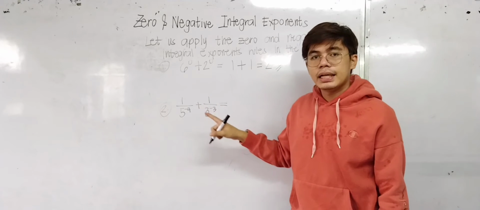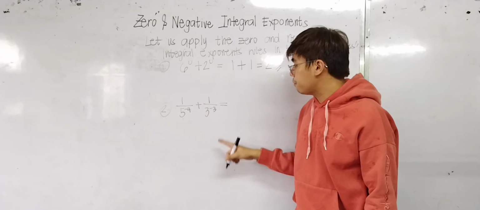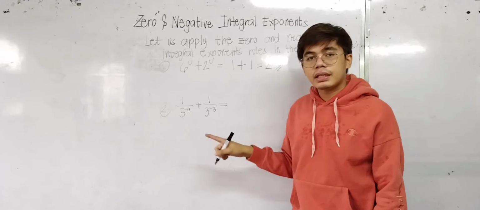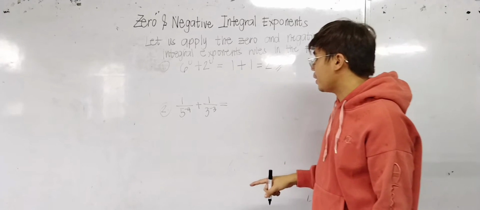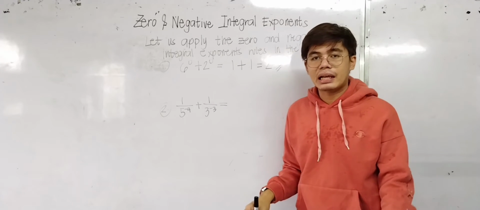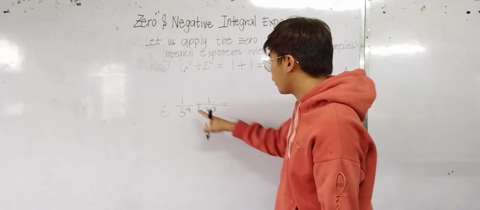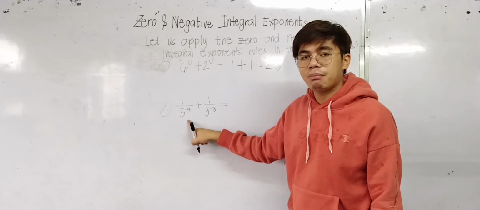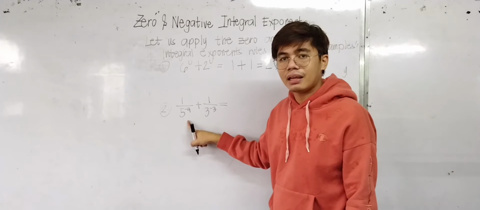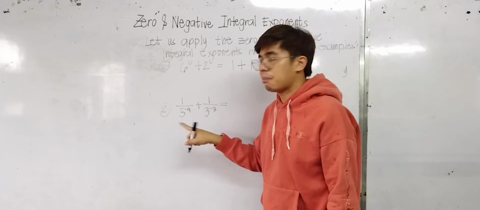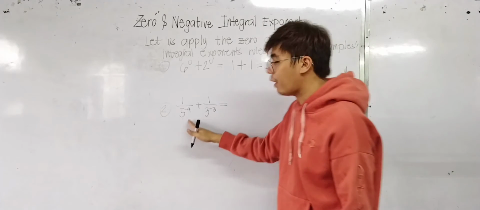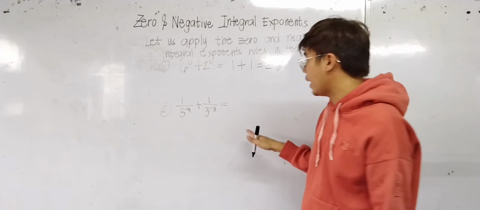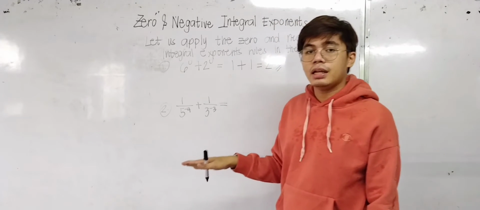So we have 1 over 5 raised to negative 4 plus 1 over 3 raised to negative 3. So we will apply here the second rule for the negative exponent rule. Whenever your fraction form has the denominator raised to negative, you will just reciprocate the given value, and the exponent will be in a positive form.